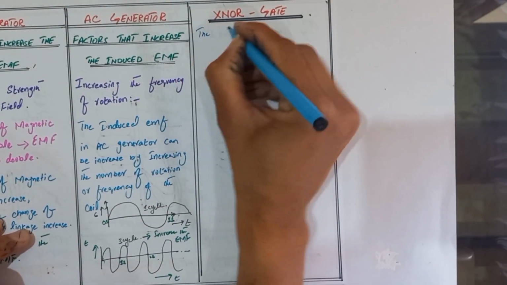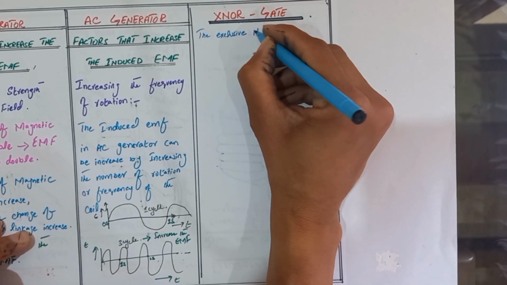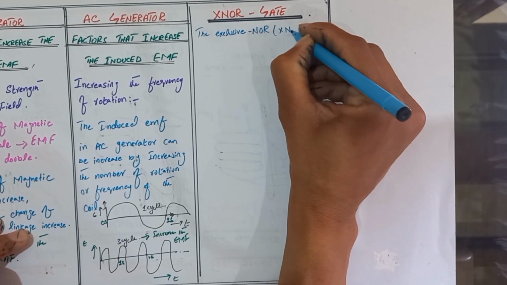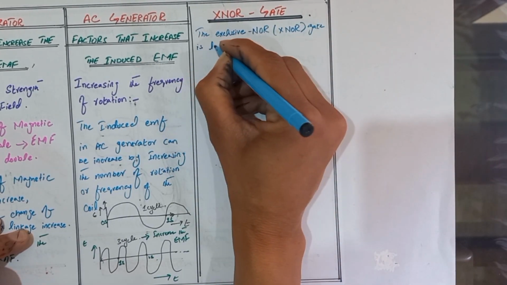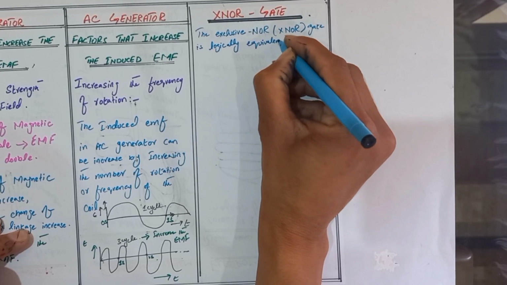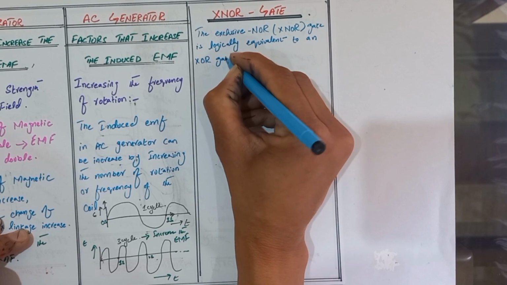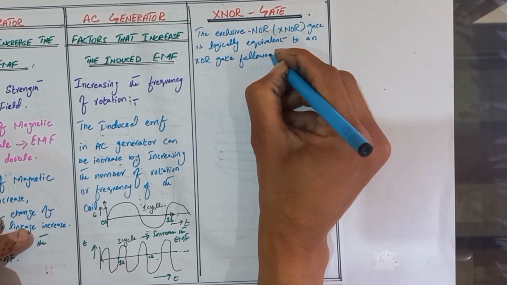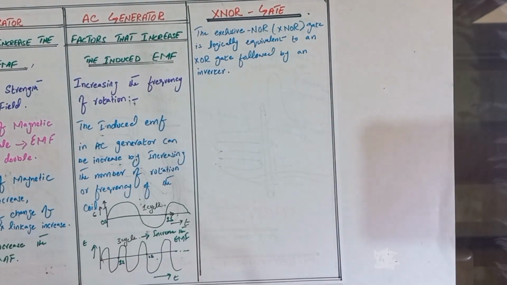The exclusive NOR, or XNOR, gate is logically equivalent to an XOR gate followed by an inverter.